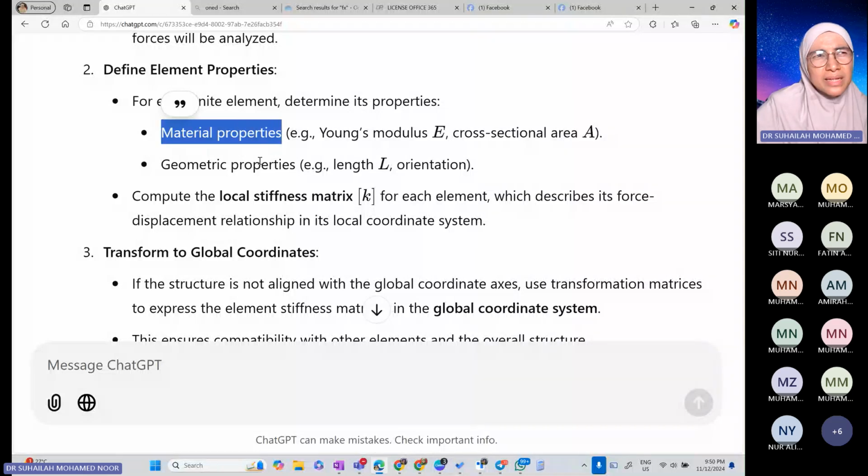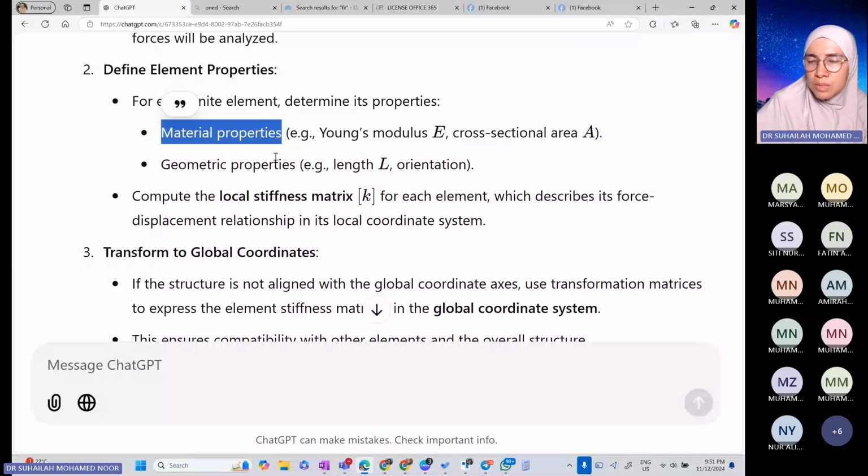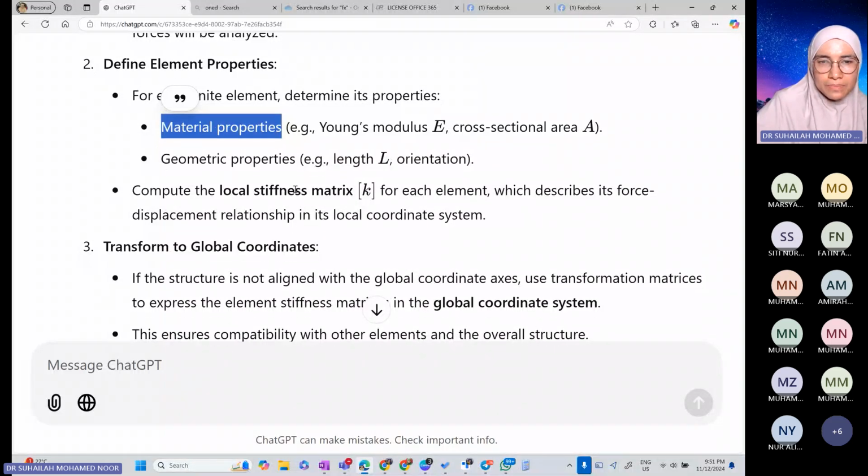Nanti next session saya tunjuk sikit kot. Sebenarnya you akan belajar the software masa you ambil computational analysis. Okay, tapi actually most of the software memang you kena letakkan, kena define the properties. All these properties you kena define.